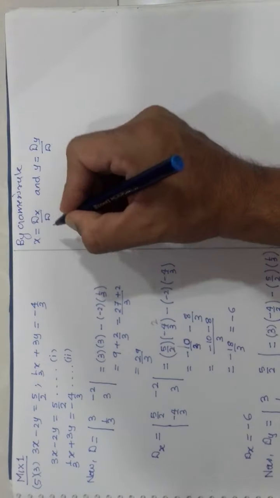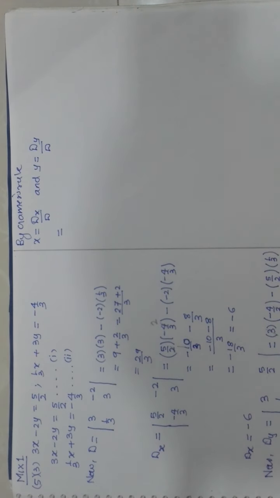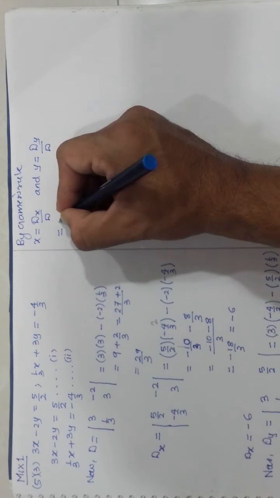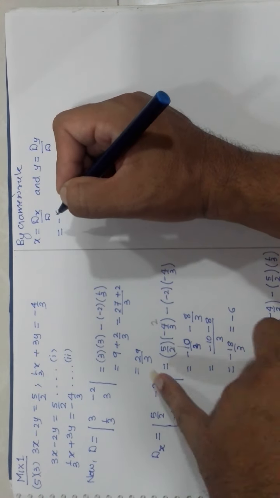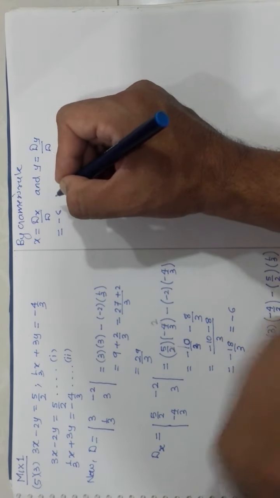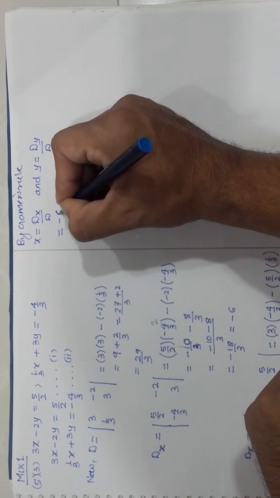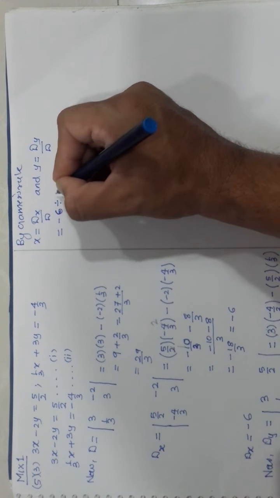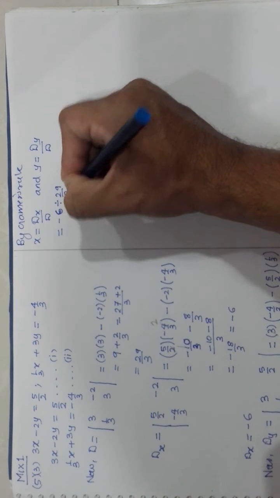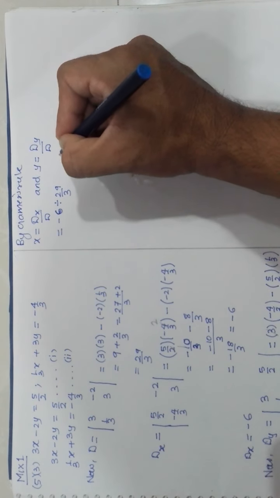So you get here dx is your -6 and d is your 29/3. So what I am doing is, I am not writing it down, I am writing it divide like this, divide by 29/3. Understood? Okay.